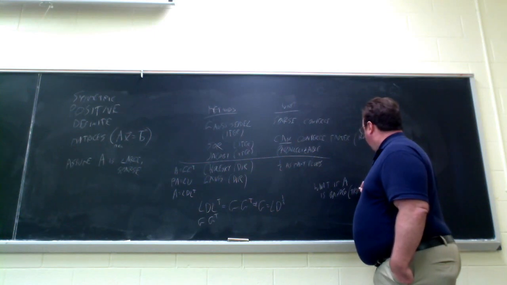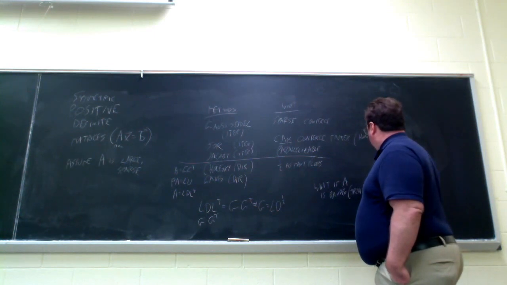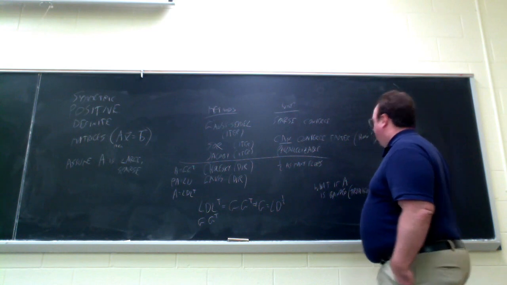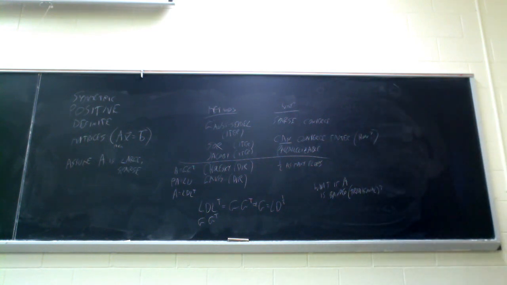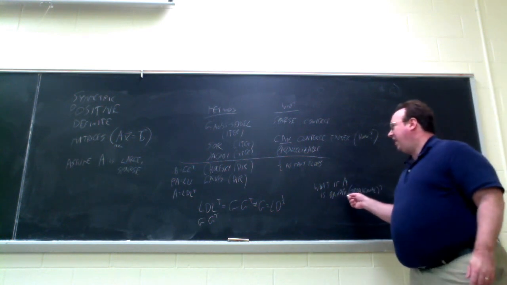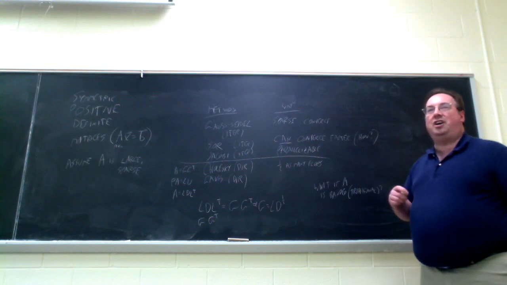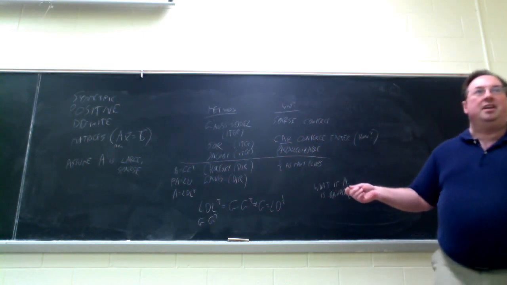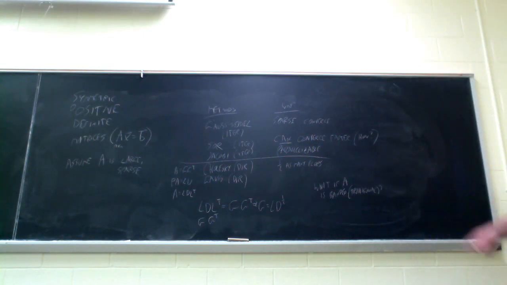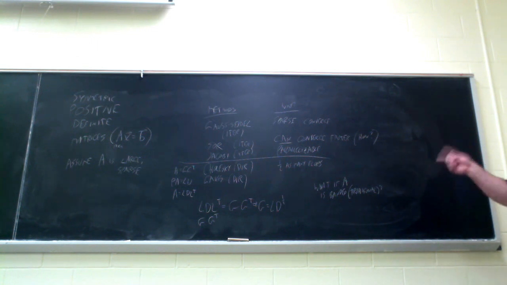Or I'll make it more concrete: tridiagonal. If we have a symmetric positive definite tridiagonal matrix and we do, for instance, Cholesky, we know G is lower triangular, but in this case, what more can we say about G, structure-wise?